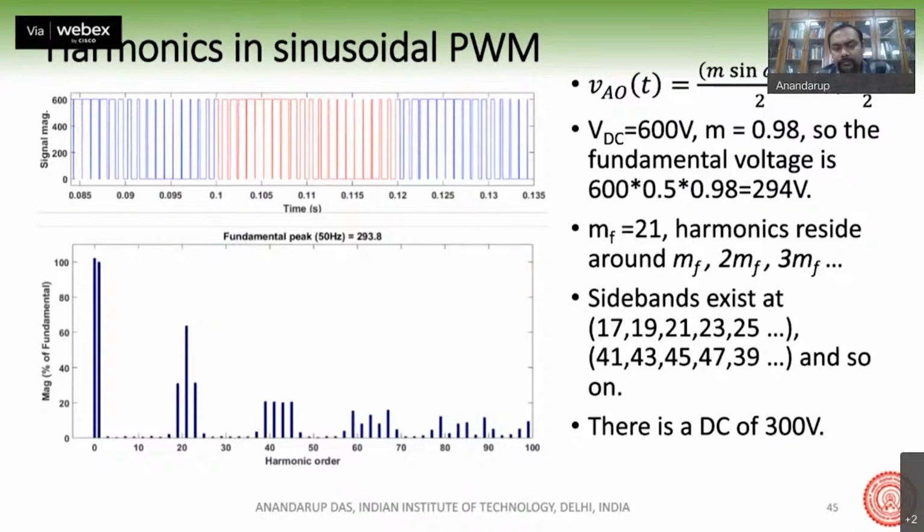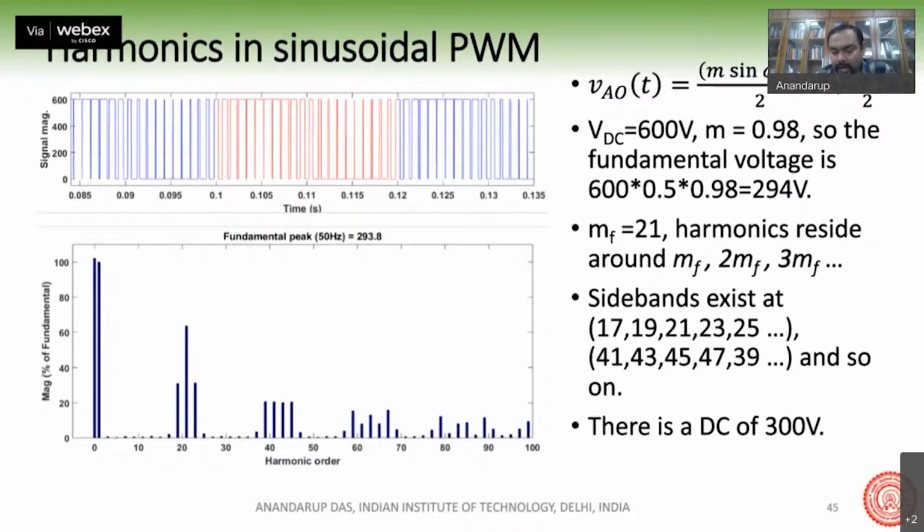So the magnitude of the harmonics there is not so important, because anyway we will filter it out. Suppose we put a filter at the output of the converter, and we get rid of these harmonics. But the corner frequency of the filter depends on the position of the harmonic.